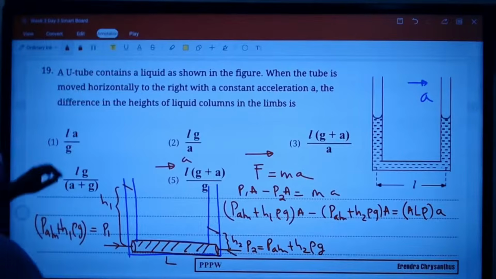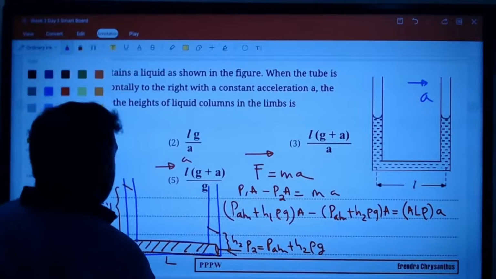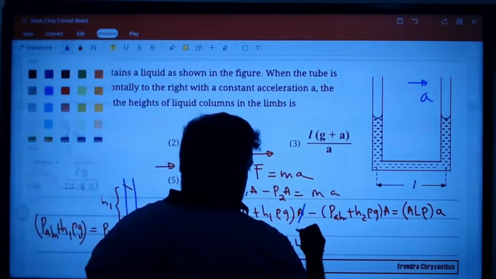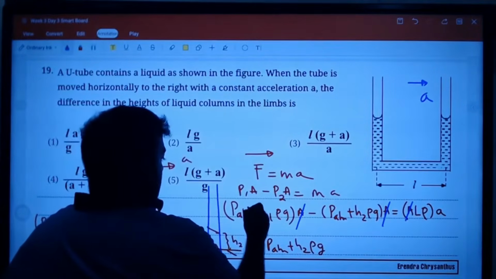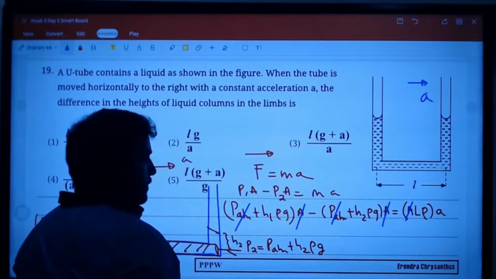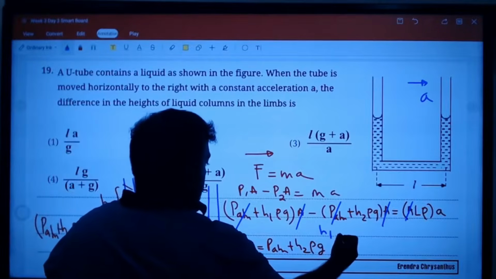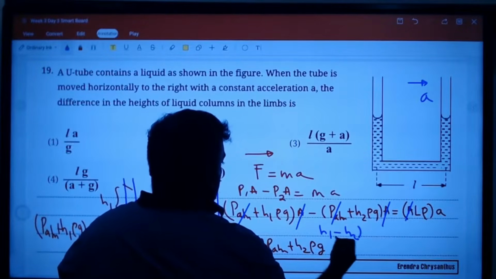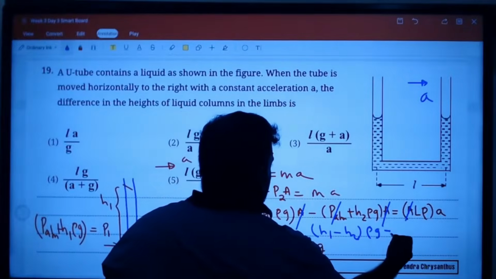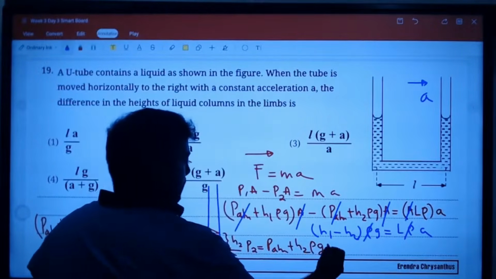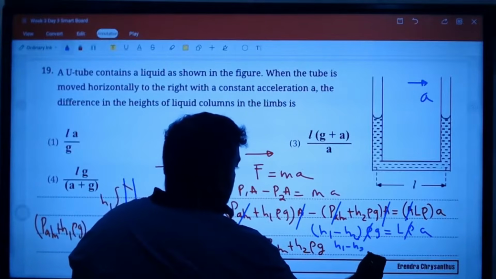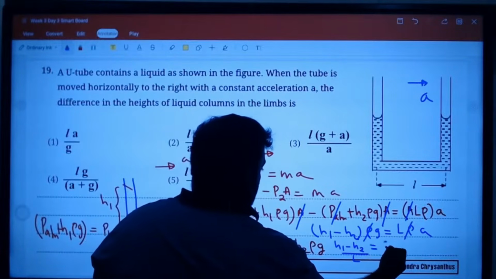A cancels out. P atm cancels out. h1 minus h2 times rho g equals L rho a, rho cancels out. h1 minus h2 divided by L equals a over g.